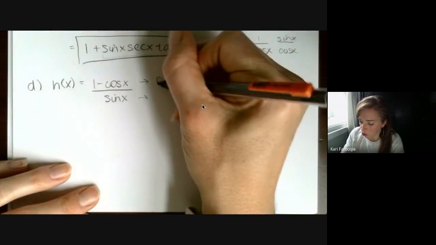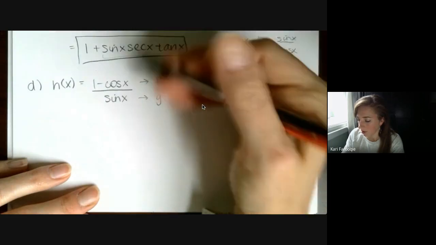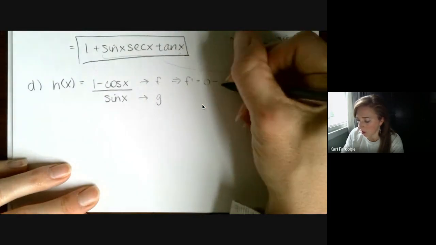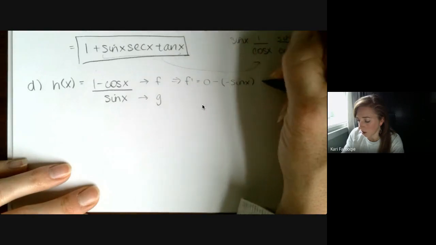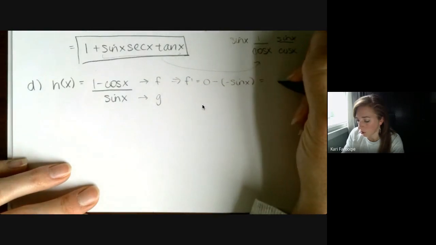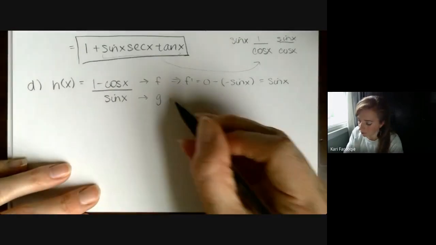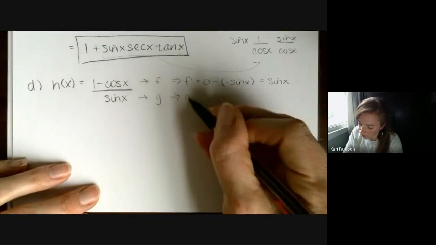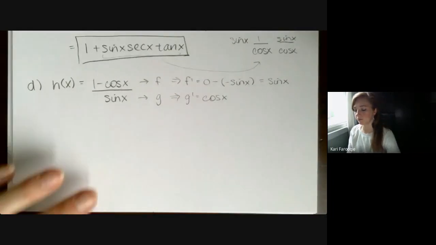So we'll have f and g. F prime is going to be 0 minus, well, the derivative of cosine of x is negative sine x. So f prime is really just positive sine x. G prime is cosine x.